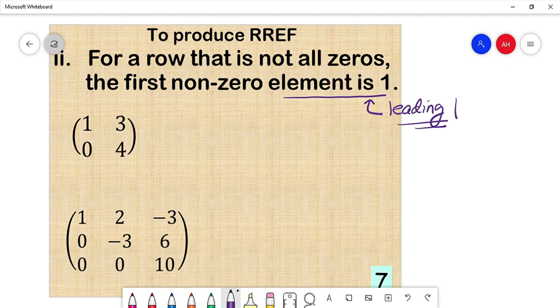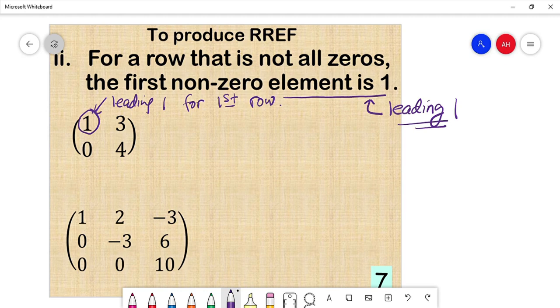Now, for example, in this 2 by 2 matrix, we have 1, 3, and 0, 4. This number 1 is the leading 1 for the first row, right?